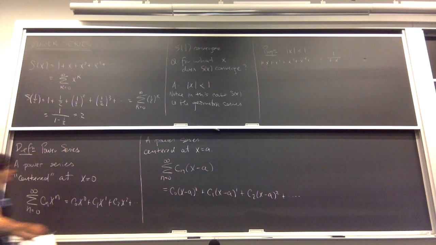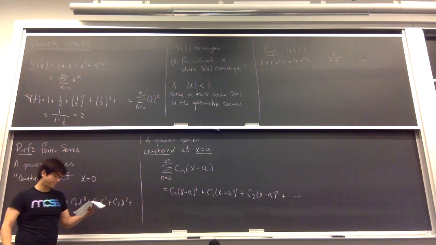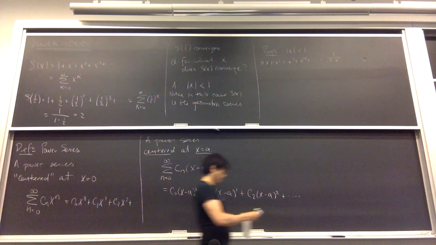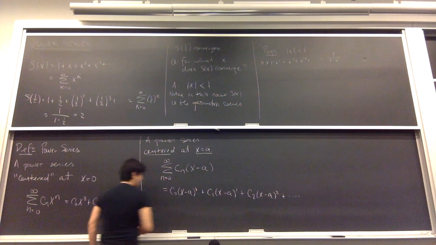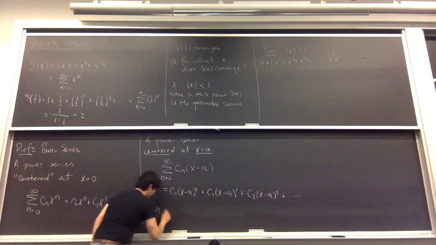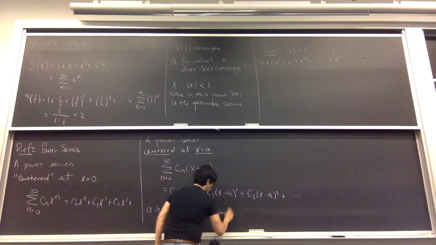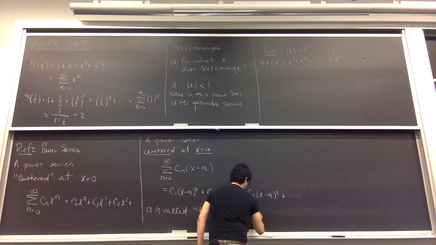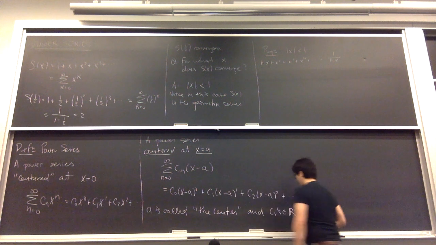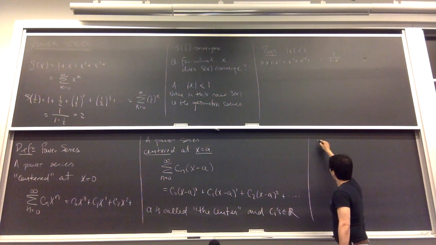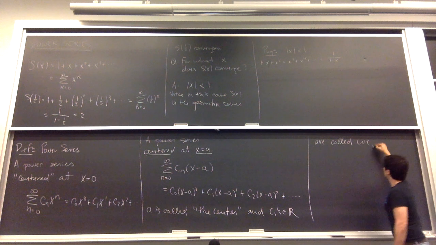So we can center at a different point. In this case, a is called the center, and these c_i's, which are real constants, are called coefficients.